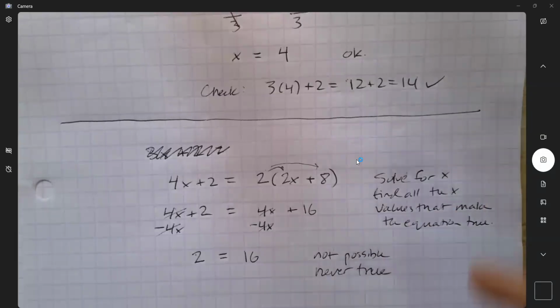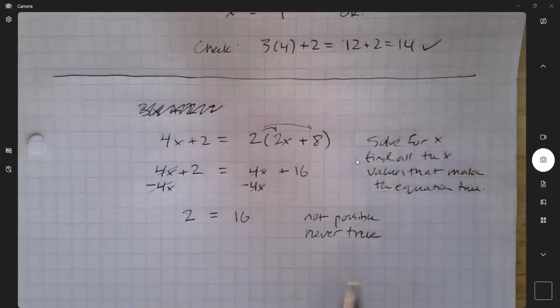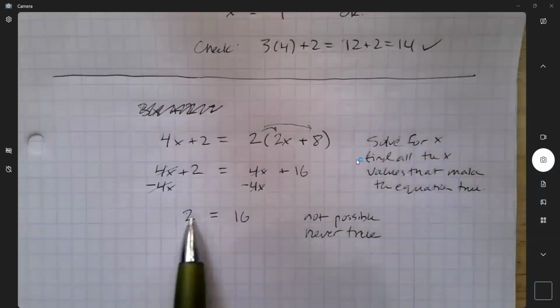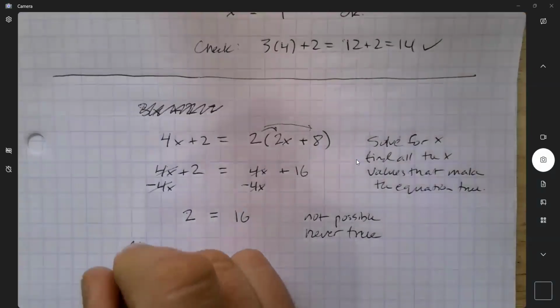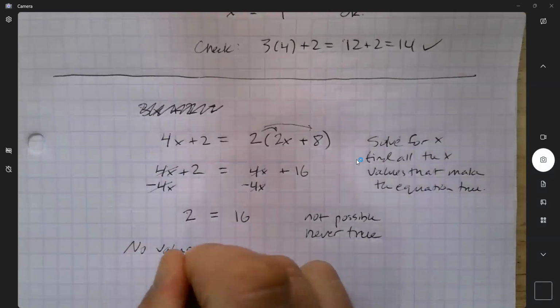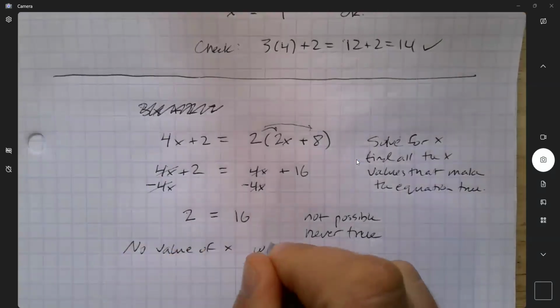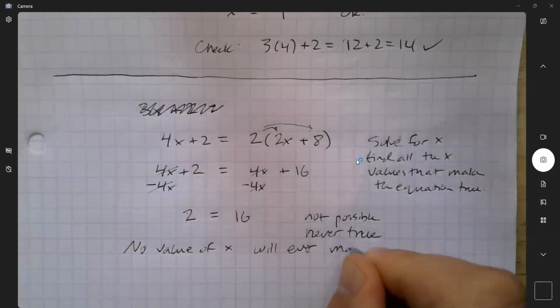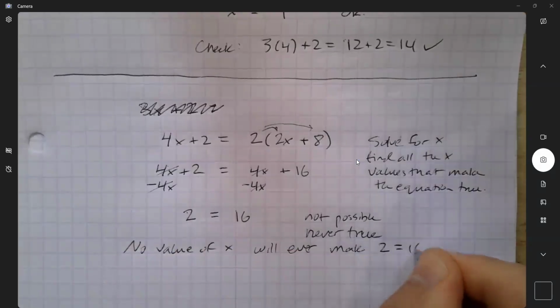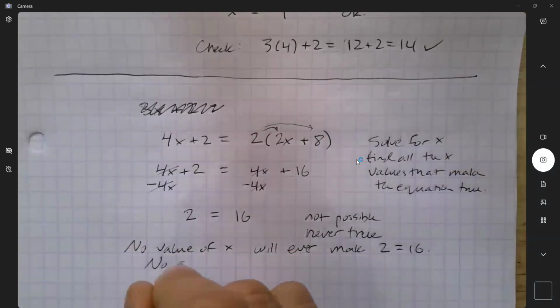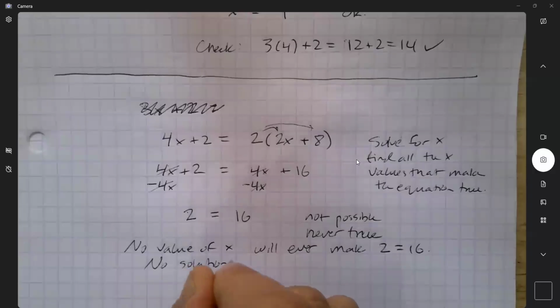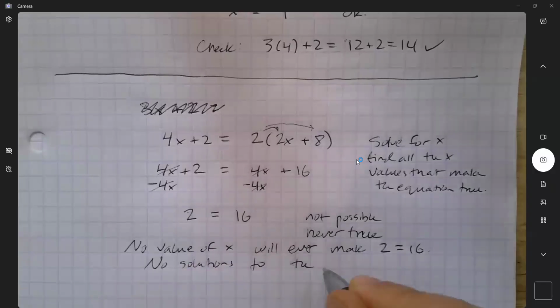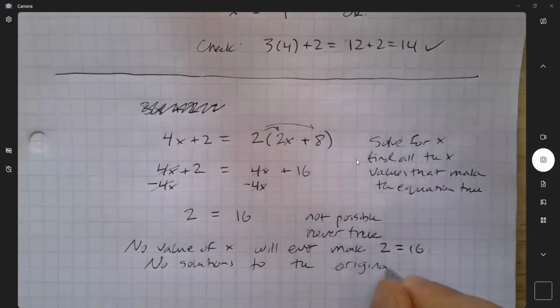It does not matter what value of x I choose, no value of x will ever make 2 equal 16. So there are no solutions to the original equation.